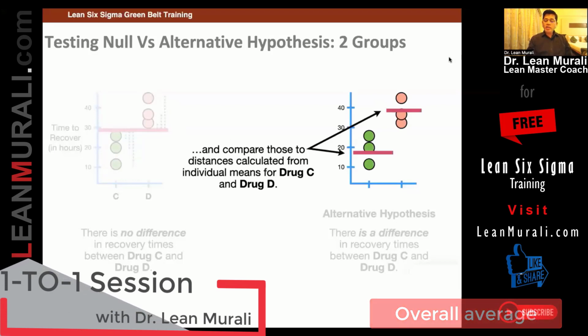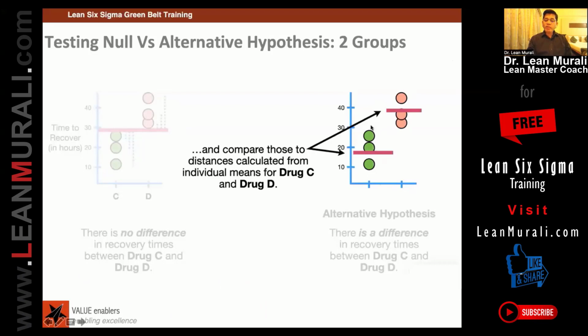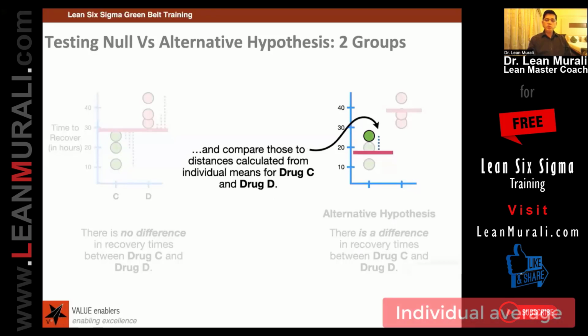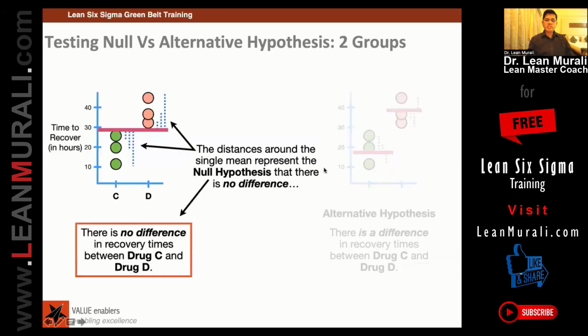Now, in the alternate hypothesis, what we do is we calculate the average of each group, that is drug C people and drug D people who have been administered drug C and drug D, and then calculate from that average, not from the overall average, but individual averages of these groups, like this.